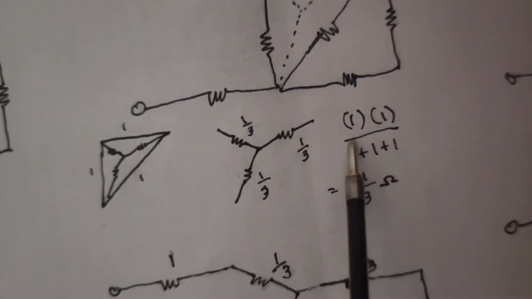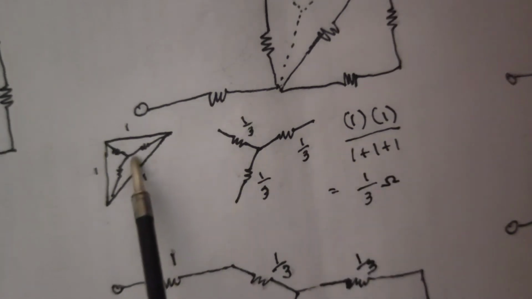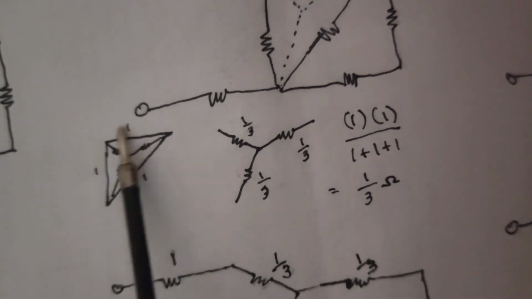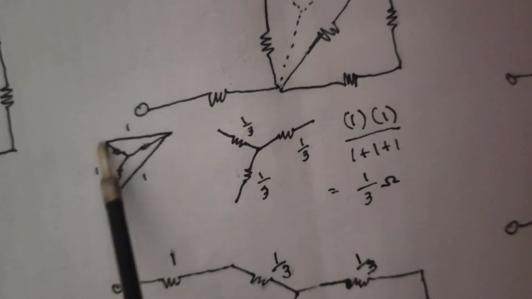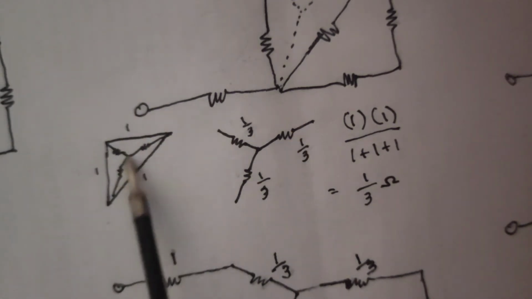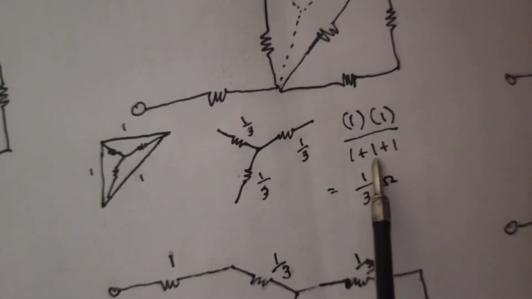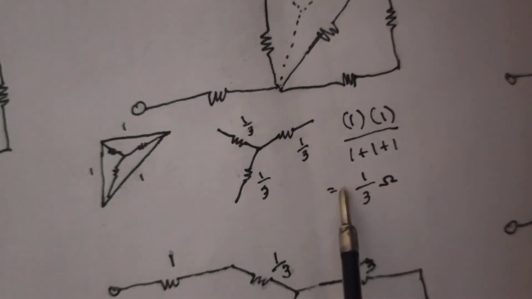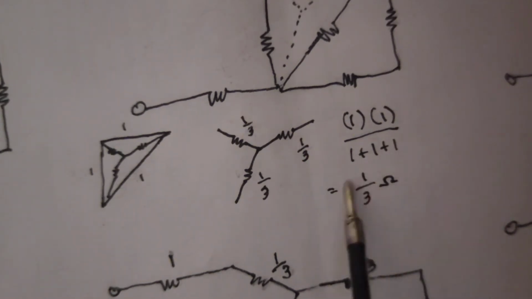So we got 1 times 1. Then we divide this value by the total resistance of the delta formation, or the sum of their resistances. So 1 plus 1 plus 1, which gives us a value of 3. So the resistance of this resistor is equal to 1 over 3 ohms.